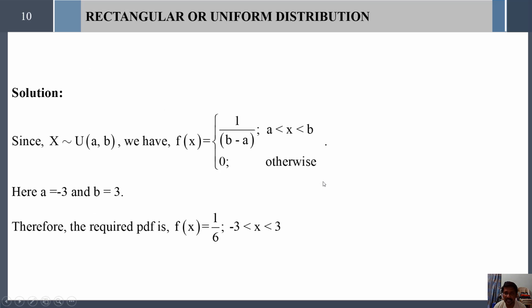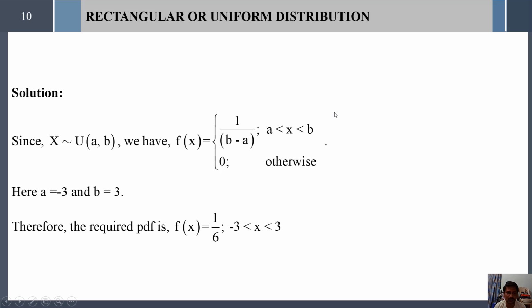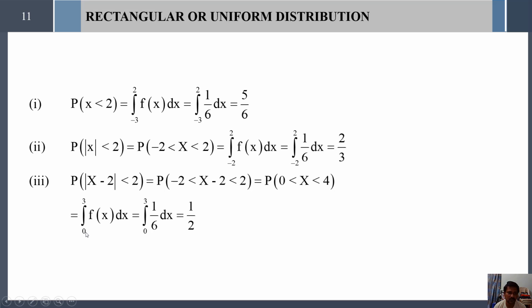The upper limit we can't go beyond this interval. So the maximum limiting case for the defined interval is 3 only. So you substitute that 3 alone here. So integral 0 to 3 f of x dx. In place of f of x, you substitute 1 divided by 6, then integral 0 to 3 of 1 divided by 6 into dx, that is equal to 1 by 2. Integrating this, we can get 1 by 2.